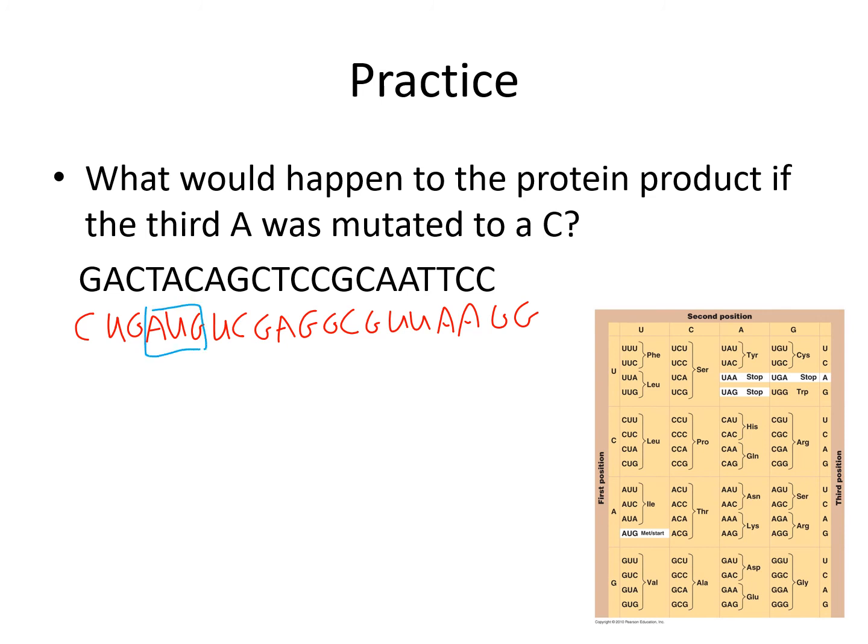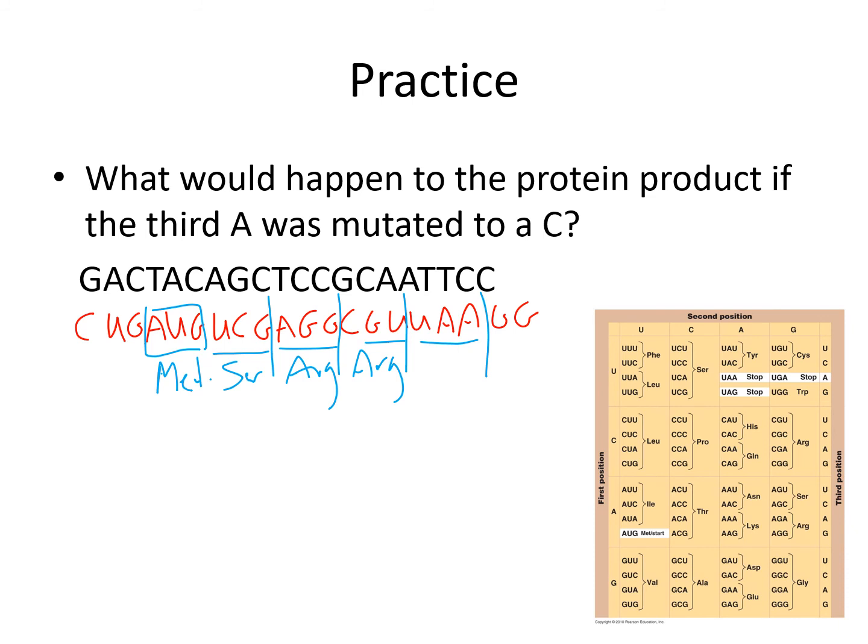You always find your start codon, and then every 3 nucleotides is your codons that you're looking for. And again, when we translated this, this was methionine. Start codon is always methionine, and then serine, and then arginine, arginine, and stop codon.